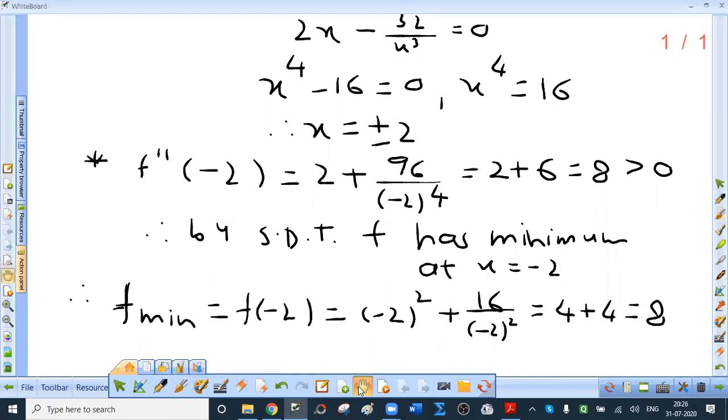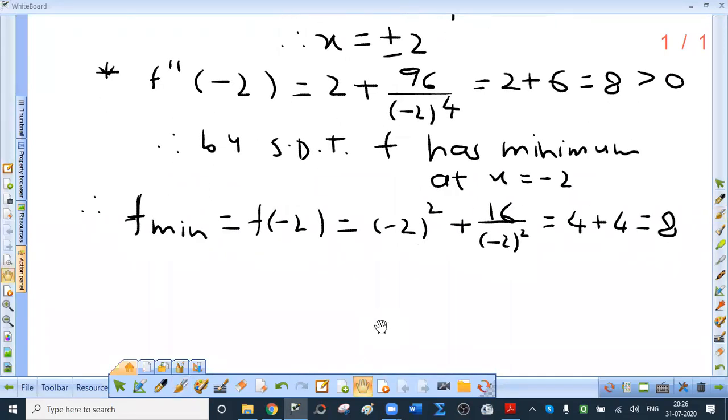Okay, good. Now I will ask you to draw the graph of this. After the lecture, try to draw the graph of this function and check whether function really possesses extreme values at these points.